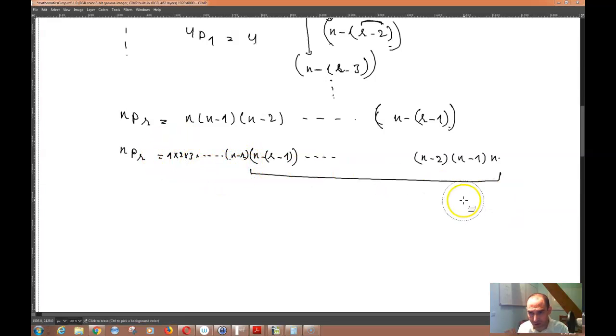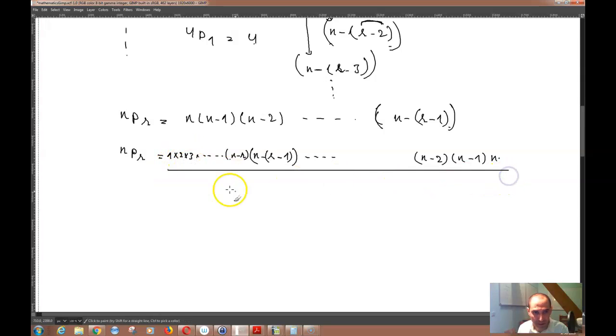Since I have done so, and since I don't want to change the value of n permutation r, I'm going to take this and divide it by the same thing, meaning 1 times 2 times 3 times all the way up to n minus r.